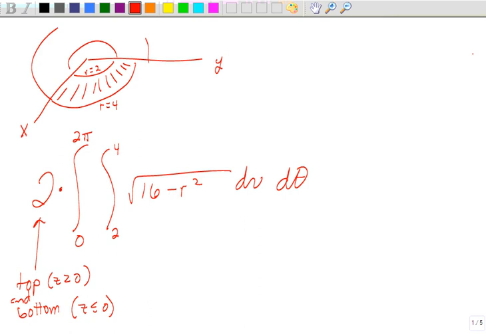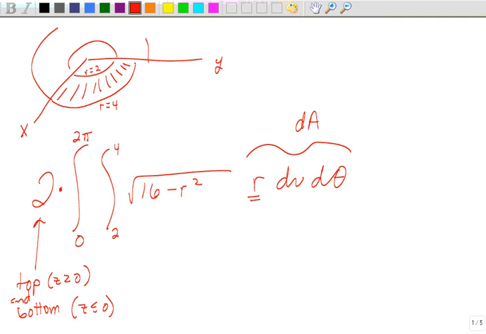Oh, I need an extra r. It's not too hard to integrate. You have to use substitution there. You always need that r because this right here is dA. Okay, again, I'm just going to set these up.